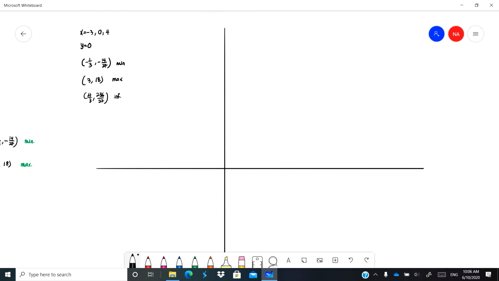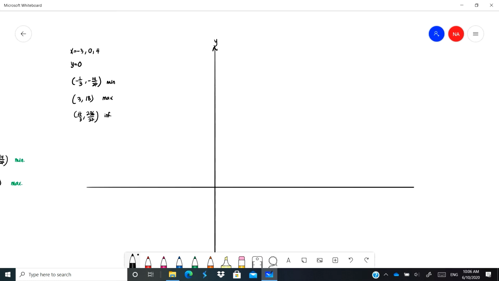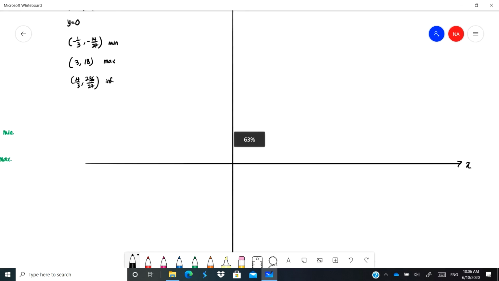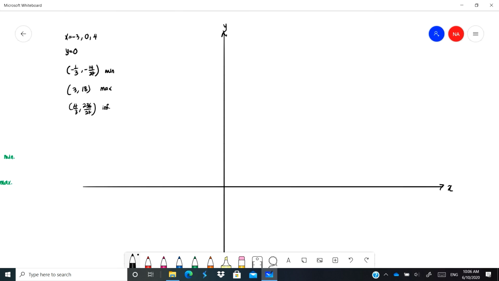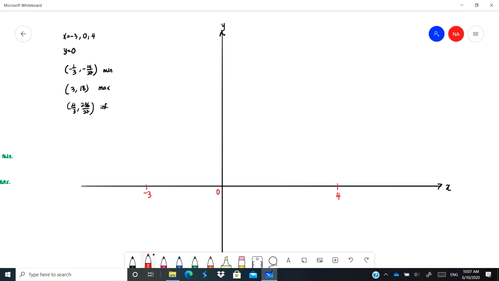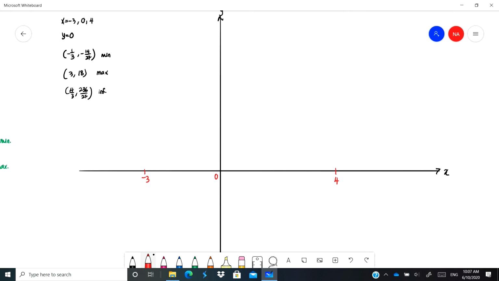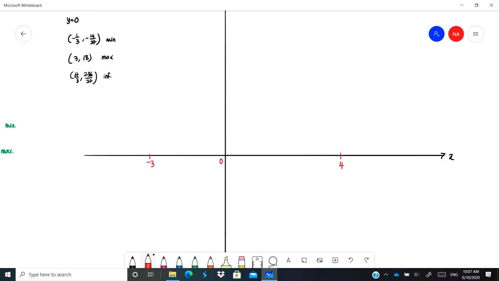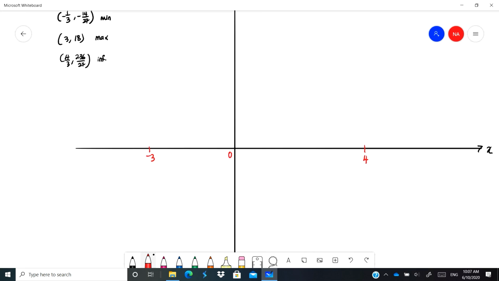Okay, so we'll have y equal to, this one is x. It should pass through -3, 0, and 4. So I'm going to mark -3, 0, and 4 first. This is 0, -3 should be somewhere around here, and 4 should be somewhere around here. Then we'll have -1/3, maybe I can put it somewhere around here.